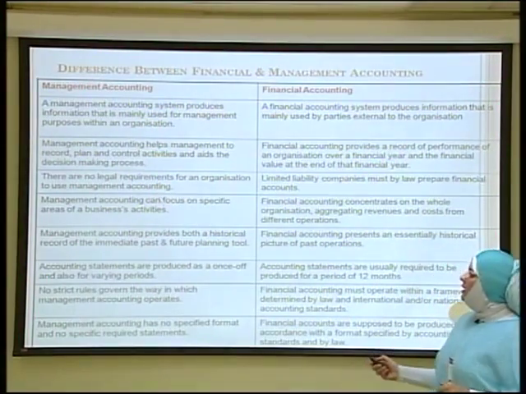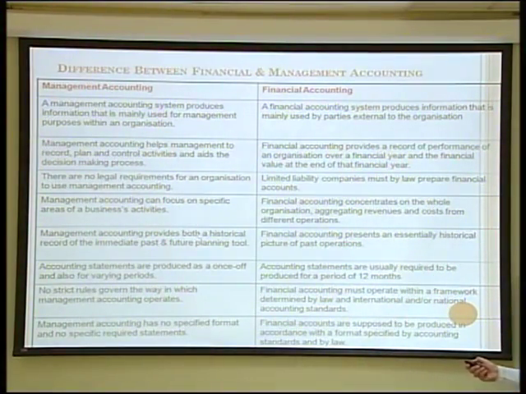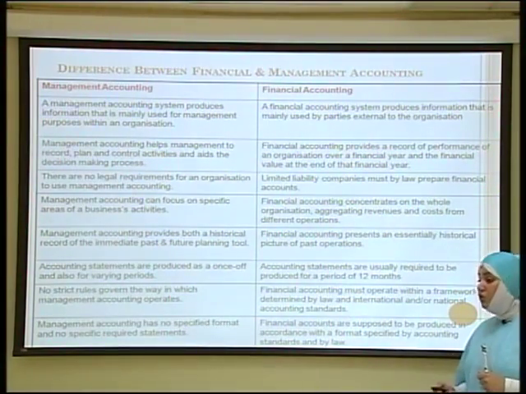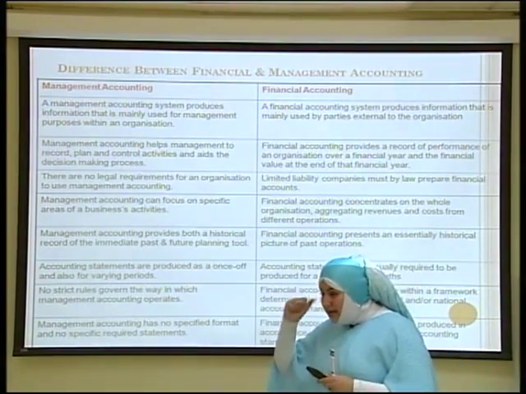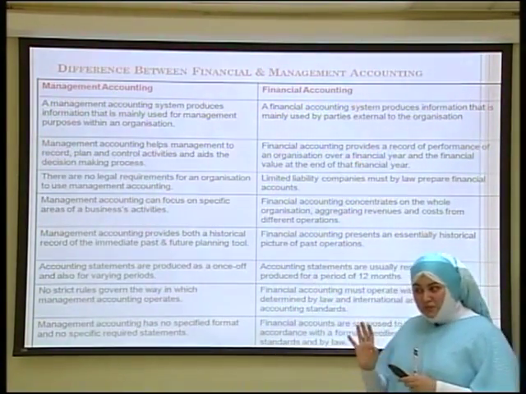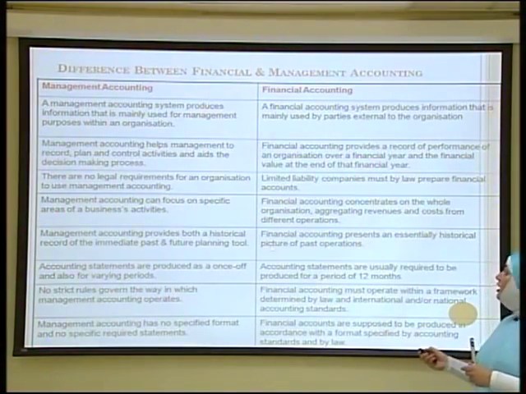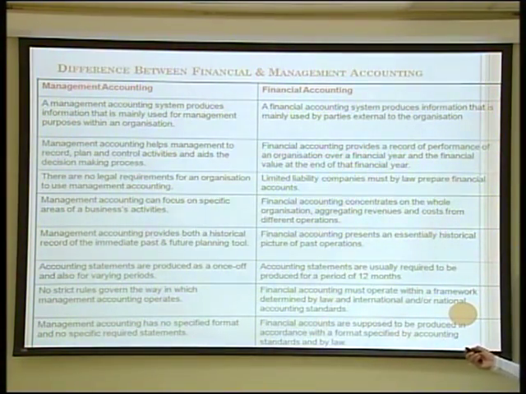Management accounting provides both a historical record of the immediate past and future planning too. Immediate past, and the future. This is management accounting. Financial accounting, you remember when we said income statement for the year ending, it's a previous period, right? Balance sheet as at.